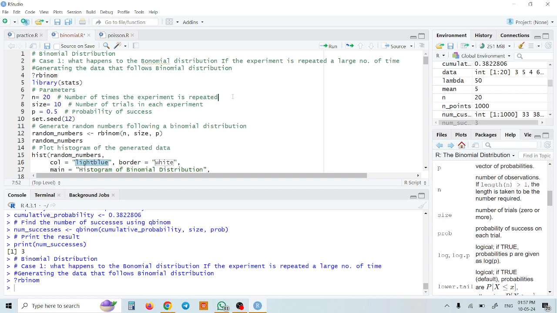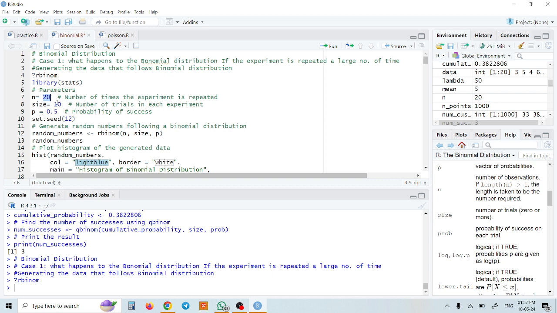So an experiment is a collection of trials. Here we are doing 20 experiments, so we will be doing the experiment 20 times.